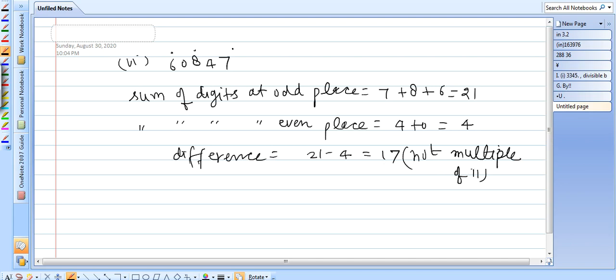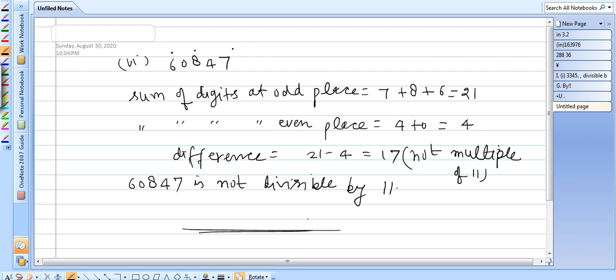So 17 11 का मल्टीपल नहीं है, बिकॉज ये 11 की टेबल में नहीं मिलता. So we can conclude as 60847 is not divisible by 11. So we have solved this question, question number 8.